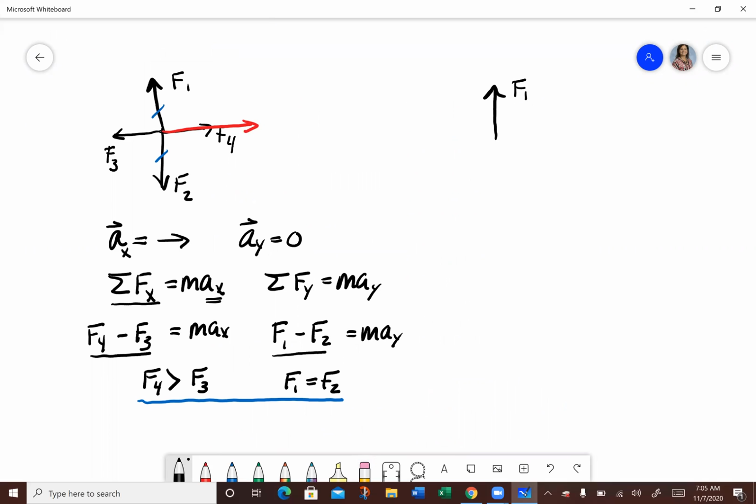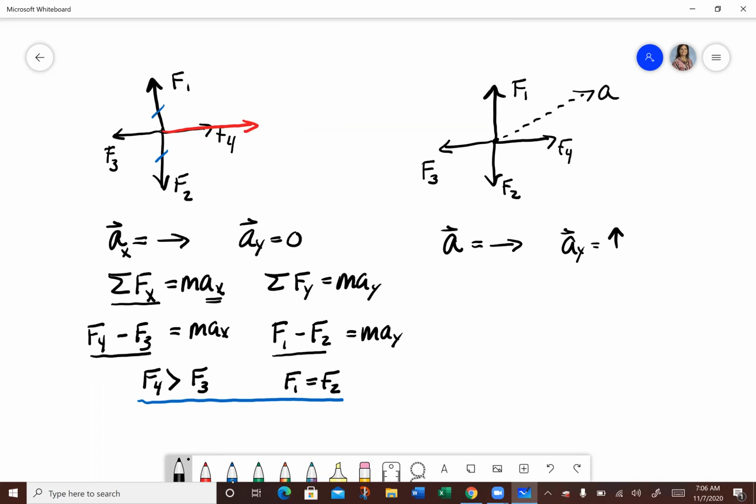So we have F1, F2, F4, and F3. We want an acceleration to the right, and we want an acceleration that is up. So in the end, that means the object is accelerating along this line. It's going to be moving like that because there's going to be a net force, net acceleration to the right and up at the same time, and therefore it'll move at an angle.